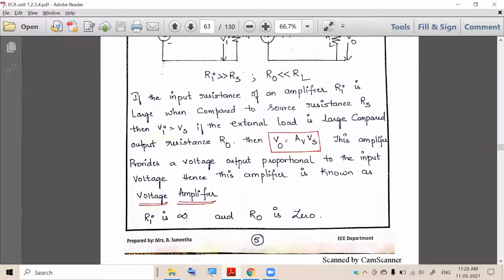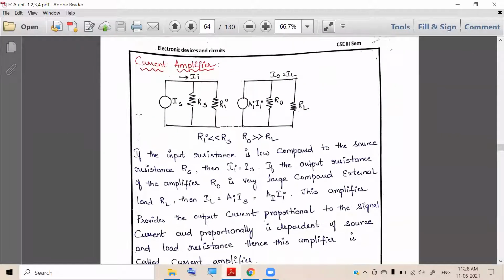Next, similarly, we discussed the current amplifier. Again, very simple. It is like this. This is Is. The current here is Ii, the current through Ri.